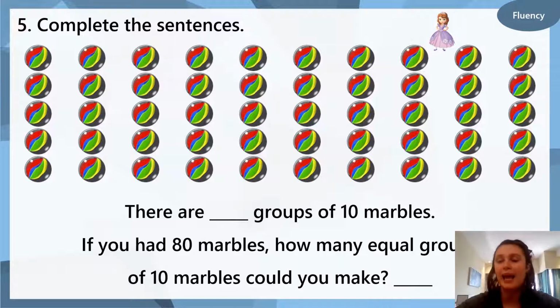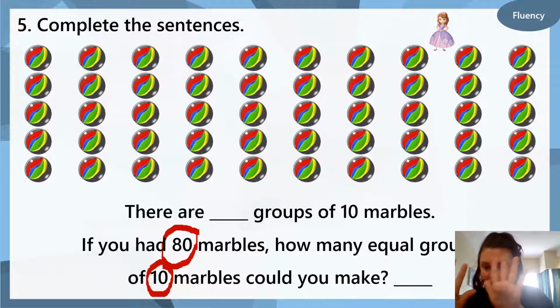If we had 80 marbles and we are putting them in groups of 10, what we can do is use our skip counting by 10 and count how many numbers we say until we get to 80.